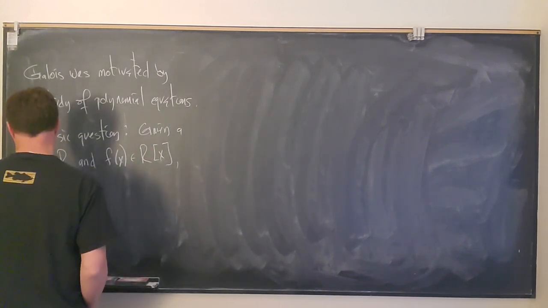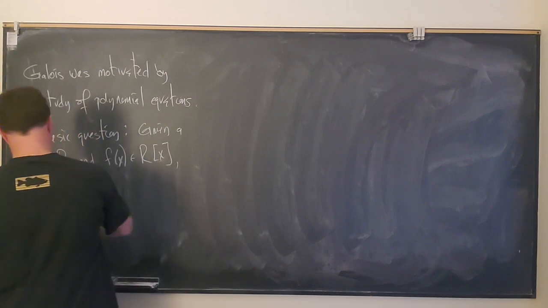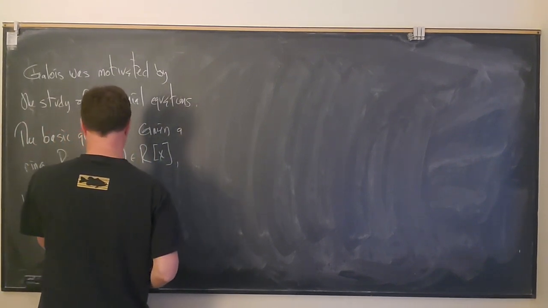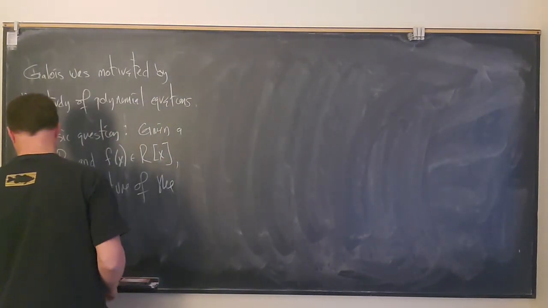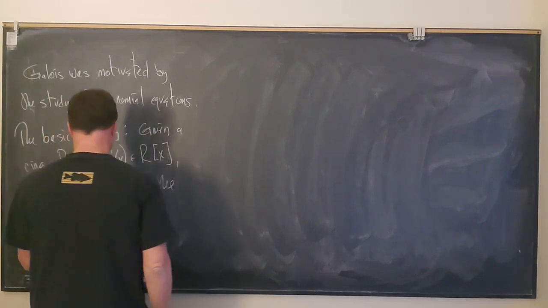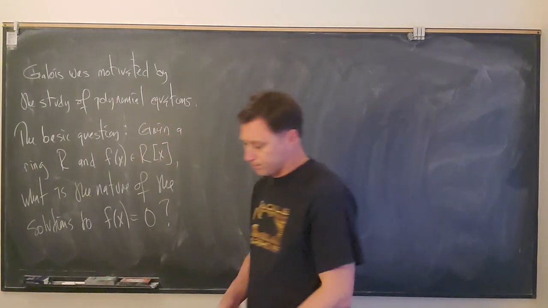So what is the nature of the solutions to the polynomial equation f of x equals 0?